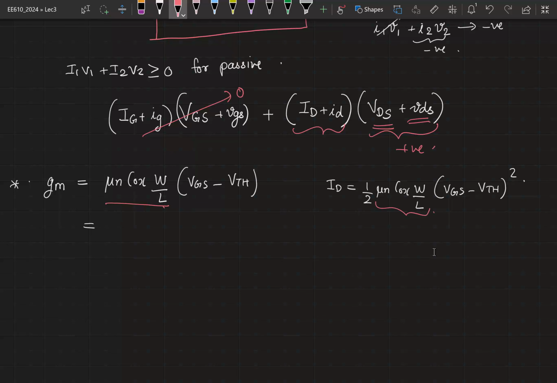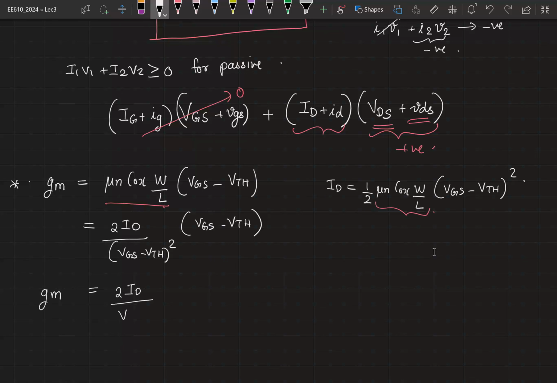Please replace it and give me another expression for GM. 2ID by... so mu n COX W by L can be written as 2ID divided by VGS minus VTH the whole square, into VGS minus VTH. So the second expression that you can use for GM is simply 2ID by VGS minus VTH.